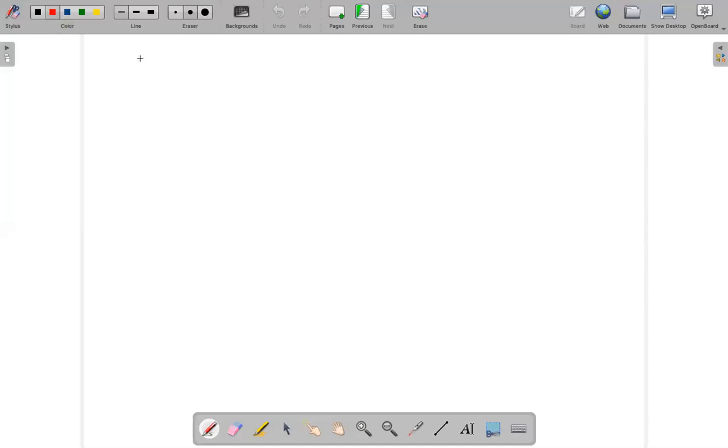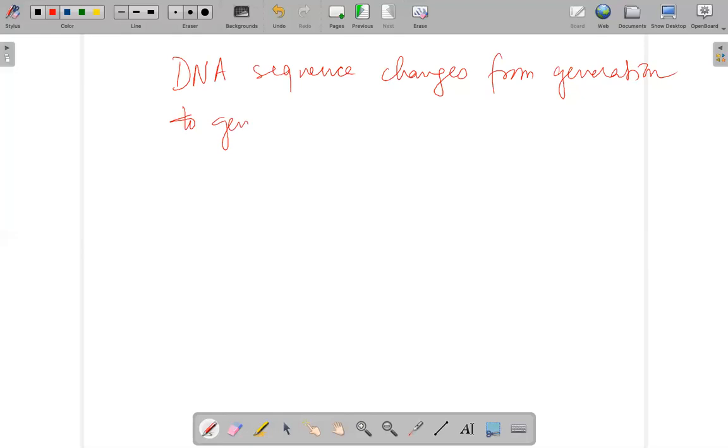So through mutation, generation after generation, the DNA sequence changes from generation to generation.